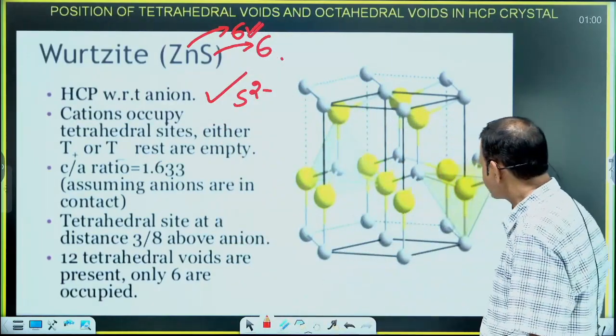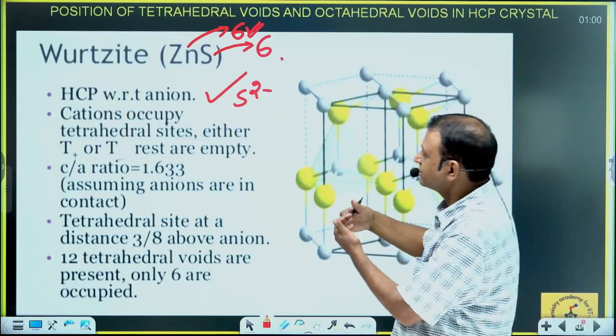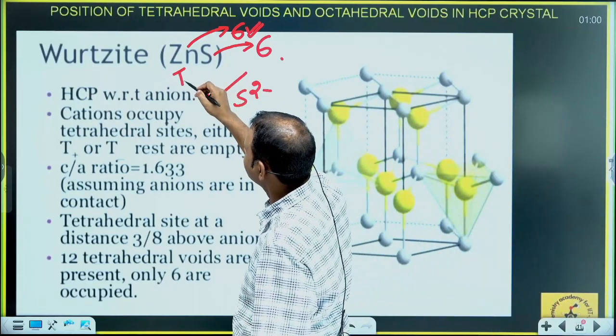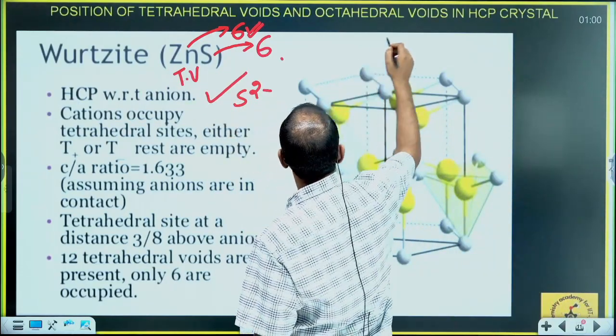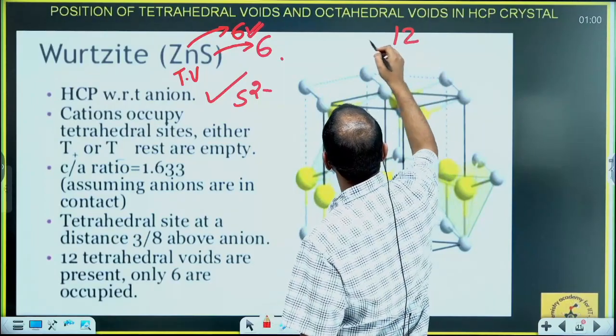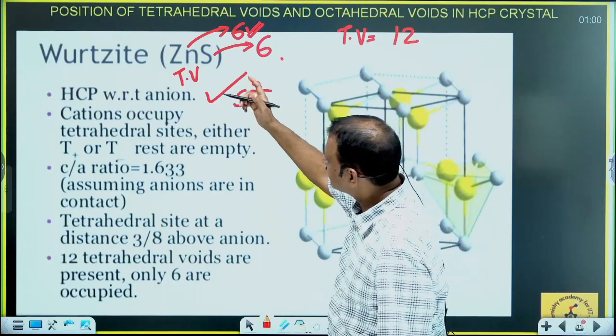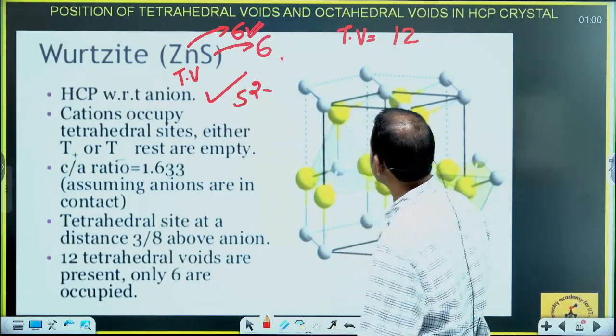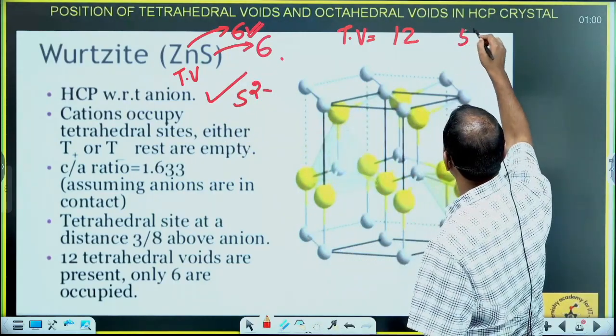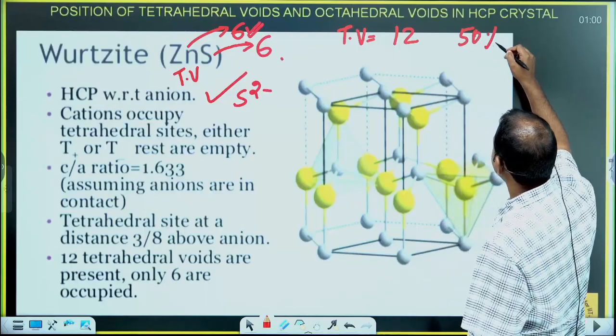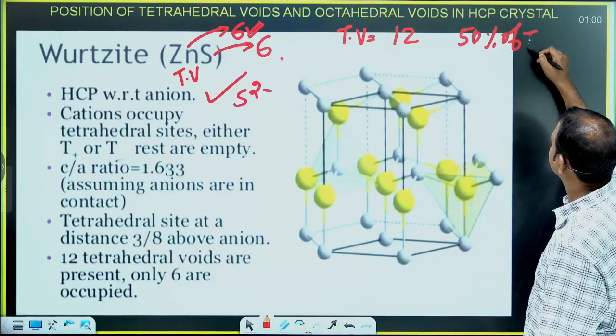These Zn2+ ions are present in tetrahedral voids, and the total number of tetrahedral voids per unit cell is 12, and the number of Zn2+ ions is 6.